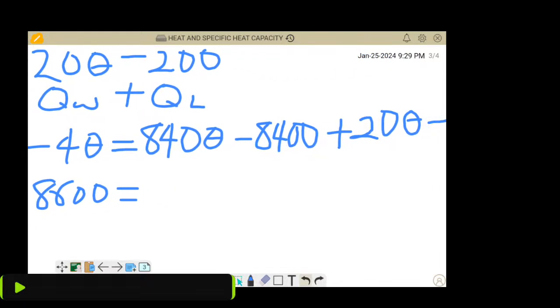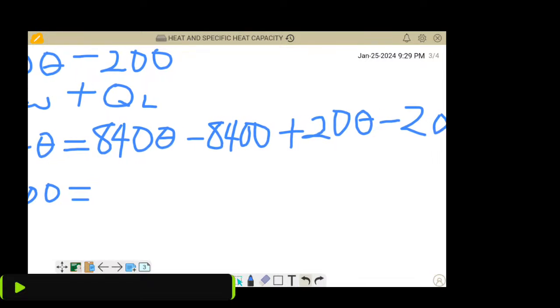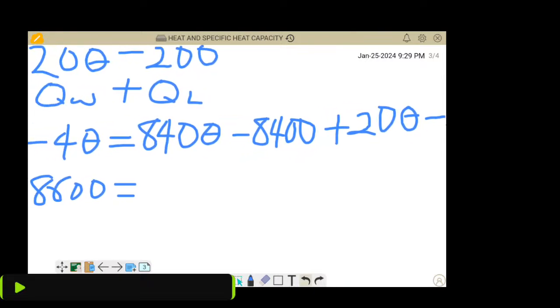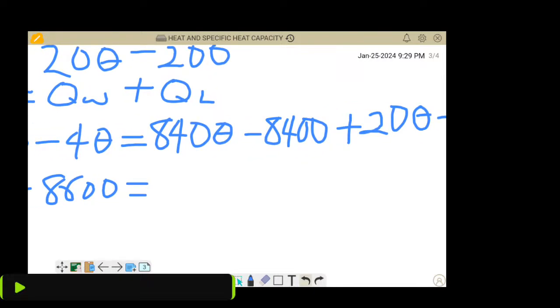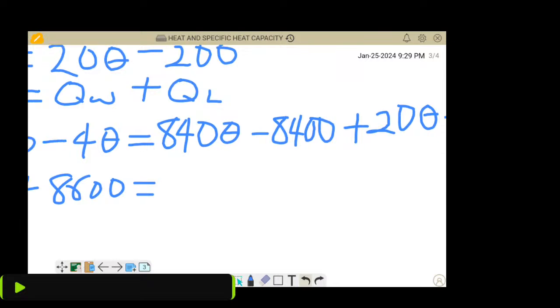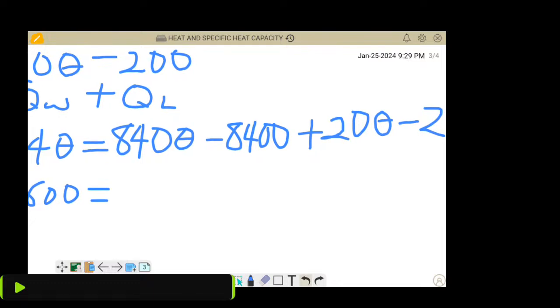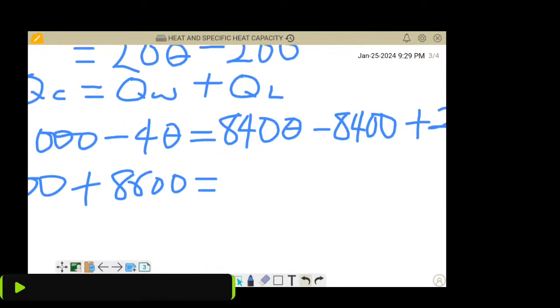now let's sum all the theta's. We have 860 theta and the minus 40 theta that is coming from the other side. This one's supposed to be minus 40, sorry for that. It's supposed to be minus 40 theta, not 4 theta, from what we got at the beginning.